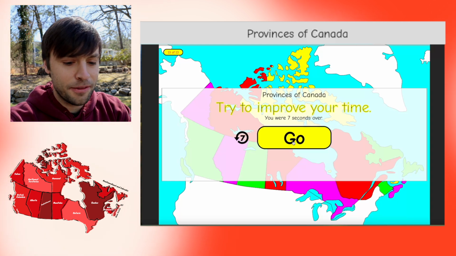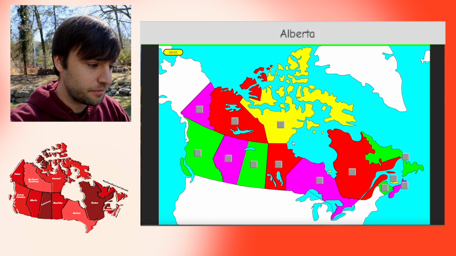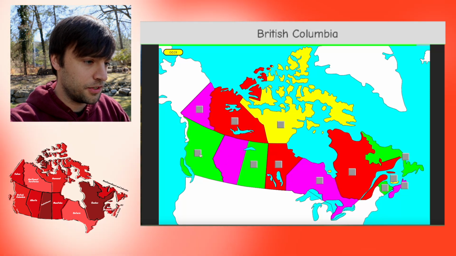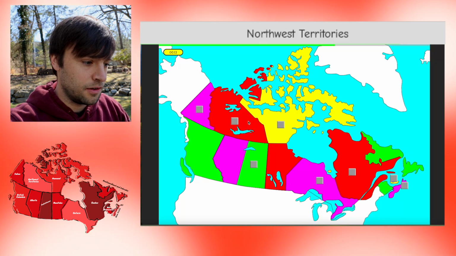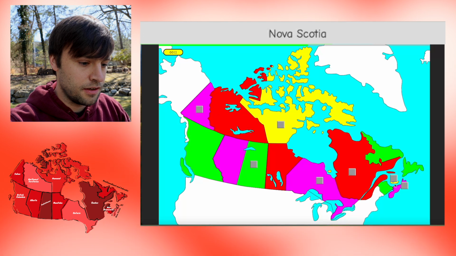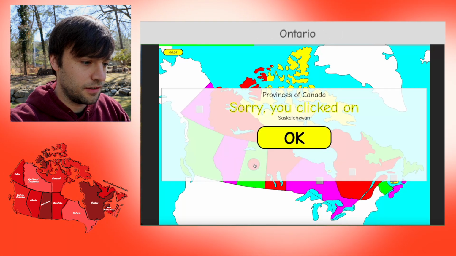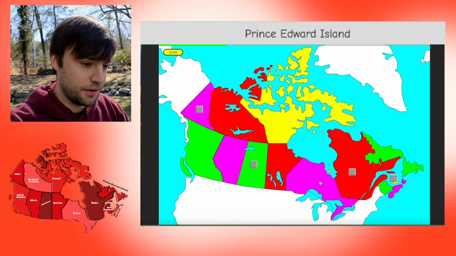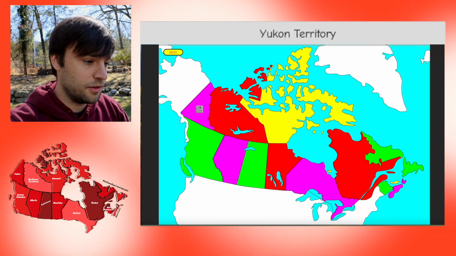Okay, so that went a little better than I thought it would, but I'm still a little over time. So I'm going to try this again. We have Alberta, British Columbia, Manitoba, New Brunswick, Newfoundland, Northwest Territories, Nova Scotia, Nunavut Territory, this is Ontario, Prince Edward Island, we have Quebec, we have Saskatchewan, and Yukon Territory.